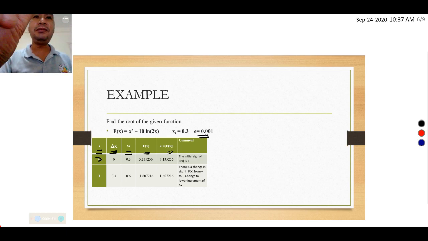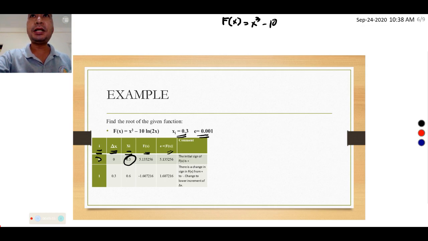From the given, the value of our xi is 0.3, so that's why we have here 0.3. How do we get the value of f of x? So we will be substituting the value of xi to our function of x. Our function of x is x cubed minus 10 ln of 2x.